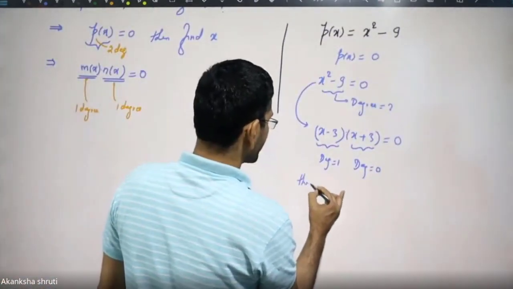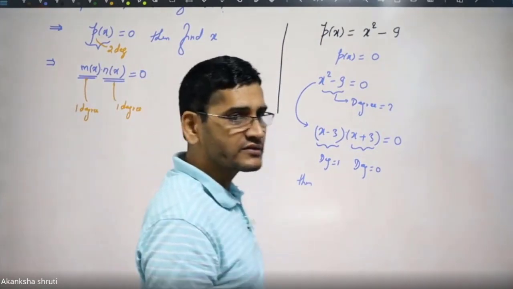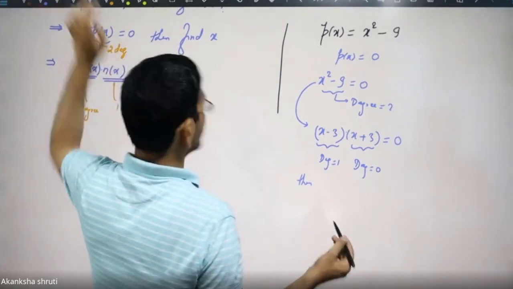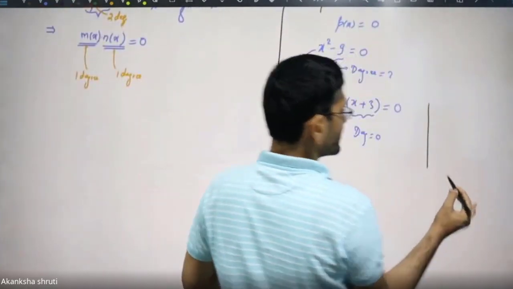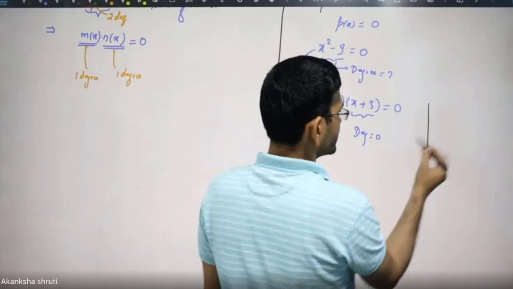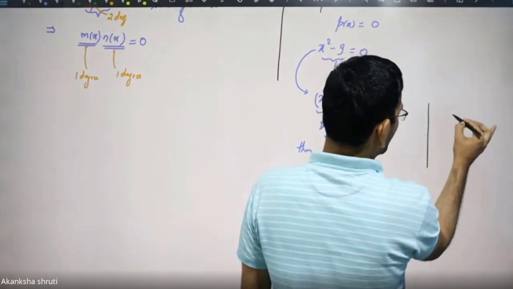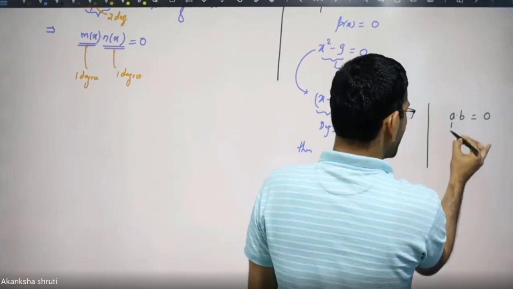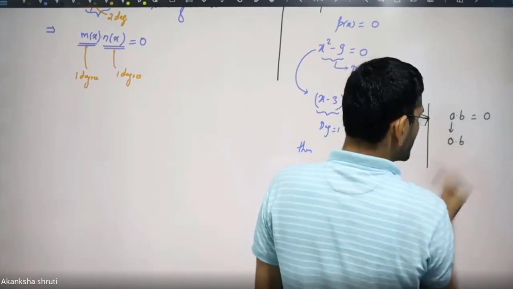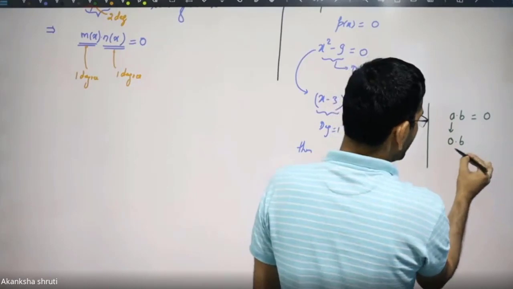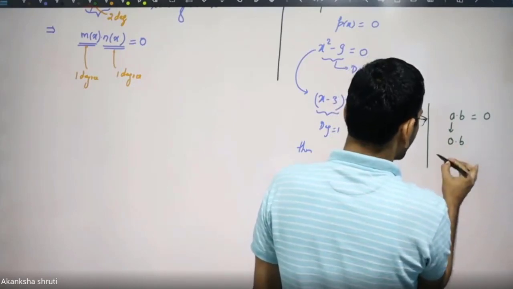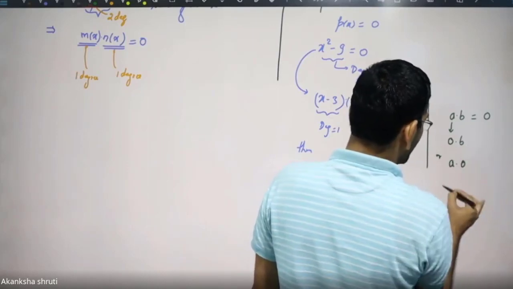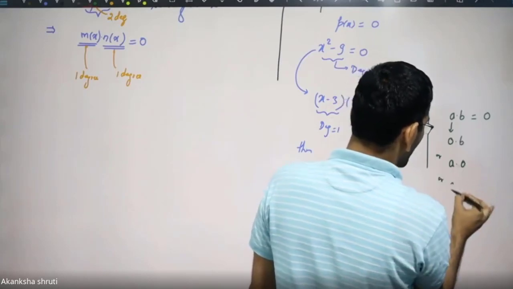Then we know, students, if the product of two numbers is 0, what does it mean? Again understand, what you learned in childhood in 2-3, see that. If the product of any two numbers a and b is 0, then the meaning is either the value of a is 0, a into b equals 0, only then this can be 0, or if a was some real number, then this b must be 0, or the third one is both of them are 0.